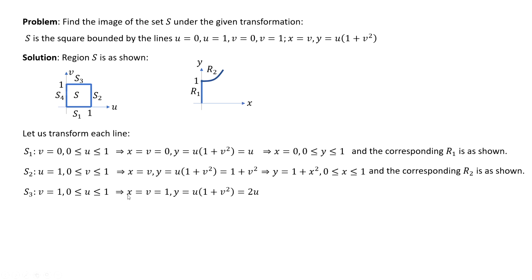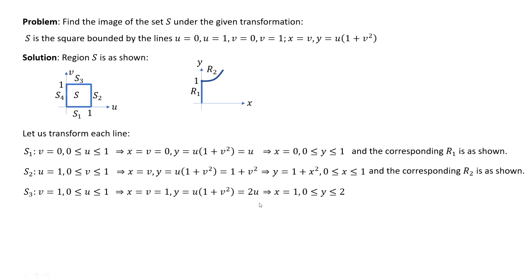Again, x equals v equals 1. y equals u times 1 plus v square. If you plug v equals 1, then we have 1 plus 1 is 2, so 2u. So we have x equals v equals 1, y equals 2u. And u is between 0 and 1. Fine. Can we now figure out how y and x are related?